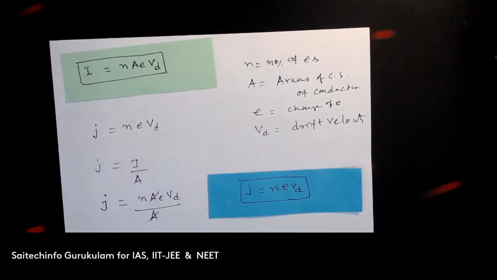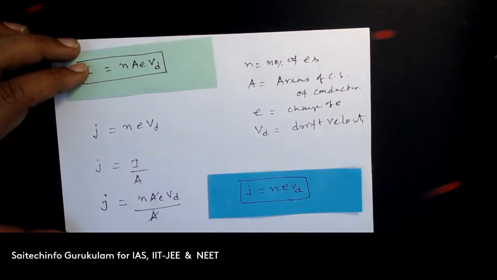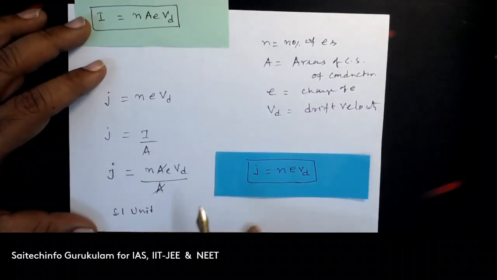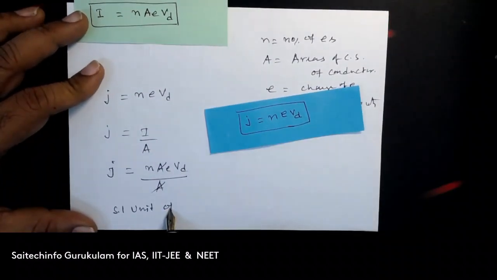Let us talk about the dimension of the drift velocity. After all, it is velocity, so meter per second. What is the SI unit of drift velocity Vd?